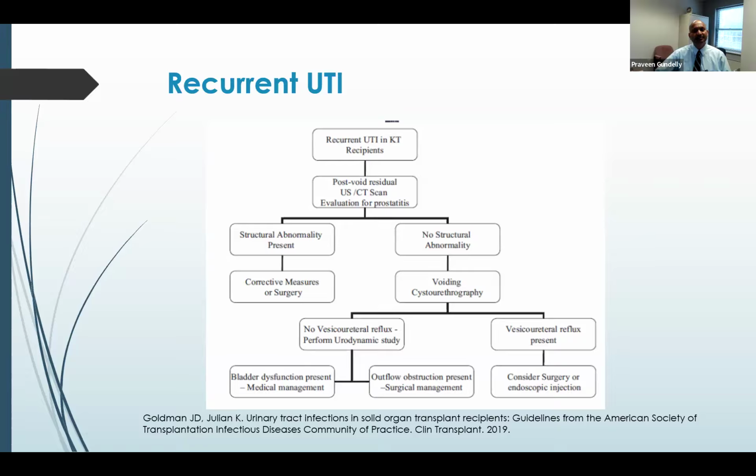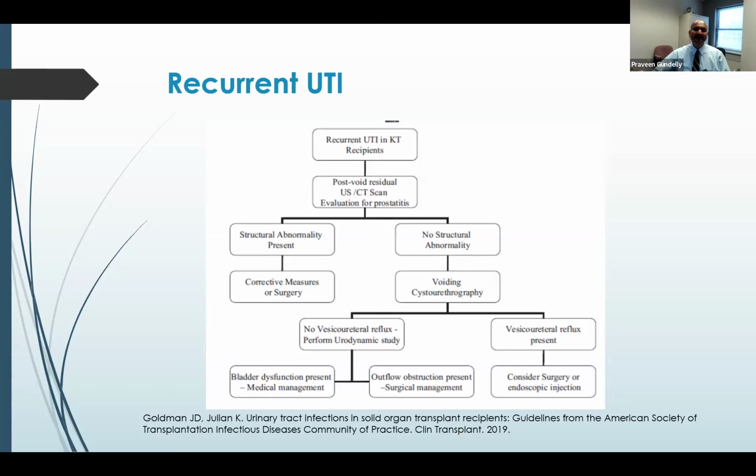In one study, there has been a decrease in the incidence of UTI, but again, the authors mentioned that it is a very small study and so it cannot be extrapolated to all the patients. And these surgeries might be complex, and so many institutions and surgeons do not perform the vesicoureteral reflux surgeries.